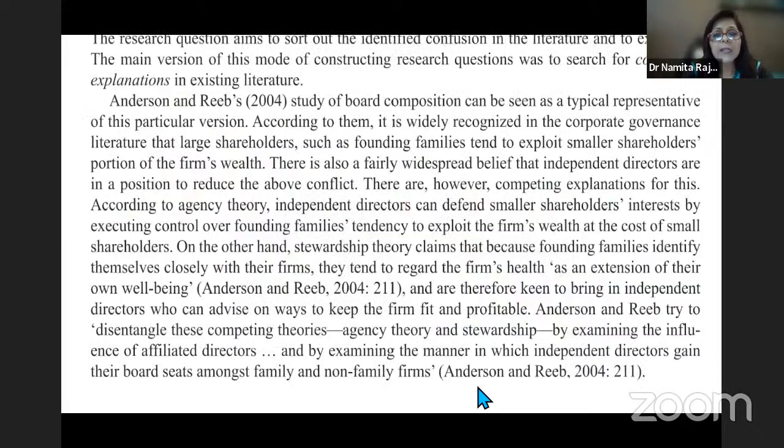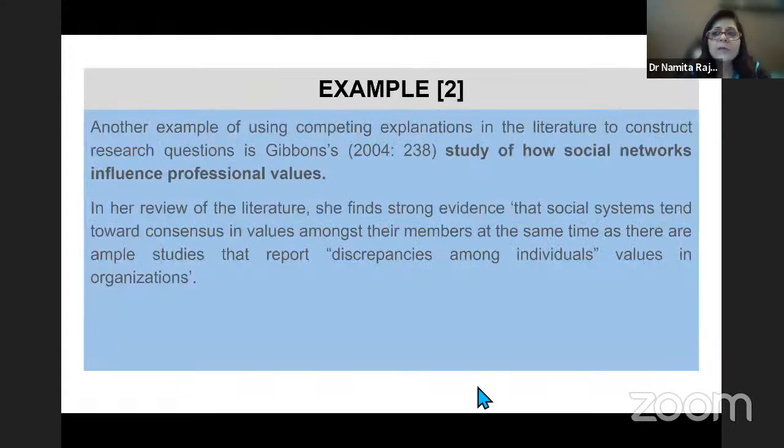Let me explain to you with an example. This example is a big example, so I have put 2 examples. So let me give you a small example here. There are competing explanations in the literature to construct the research questions. That is, study of how the social networks influence the professional values.